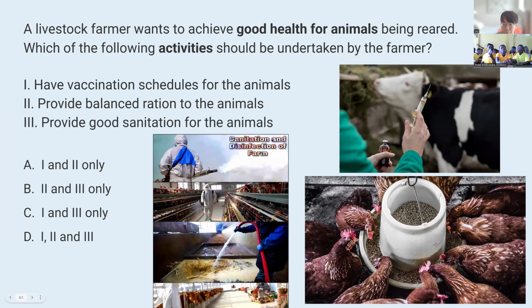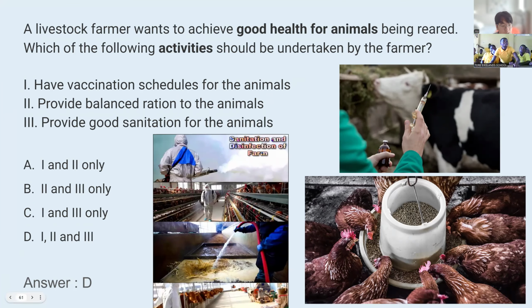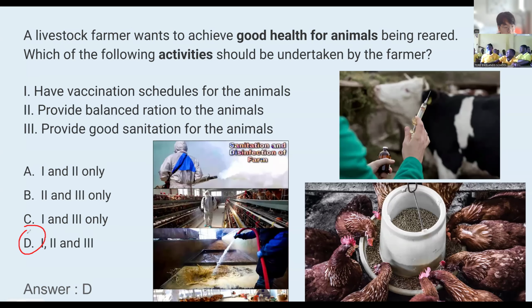Let's go through this step by step. So, who thinks one is correct? Is one correct? Did you say D or B? Yeah, maybe if you said D, yeah, definitely. You're right. Great job. It's all one, two, and three. Because all of these benefit the animals, right?